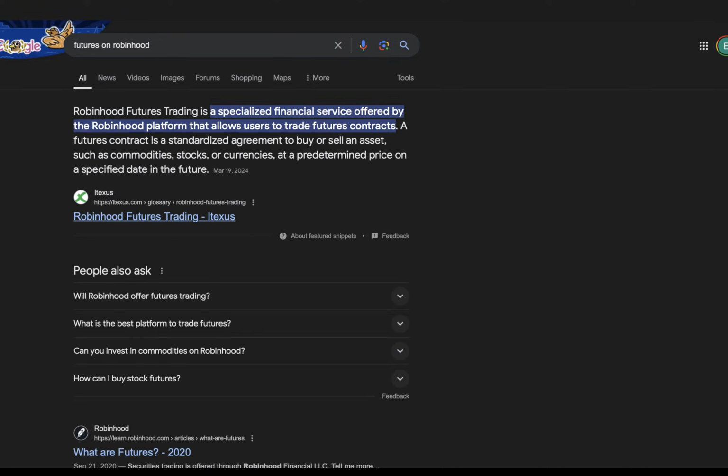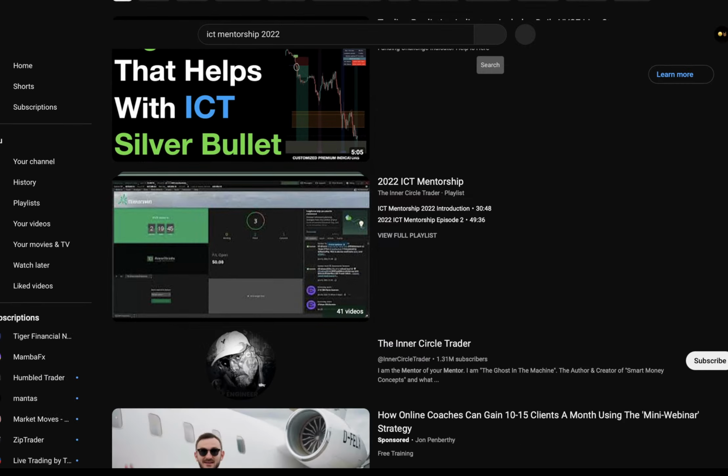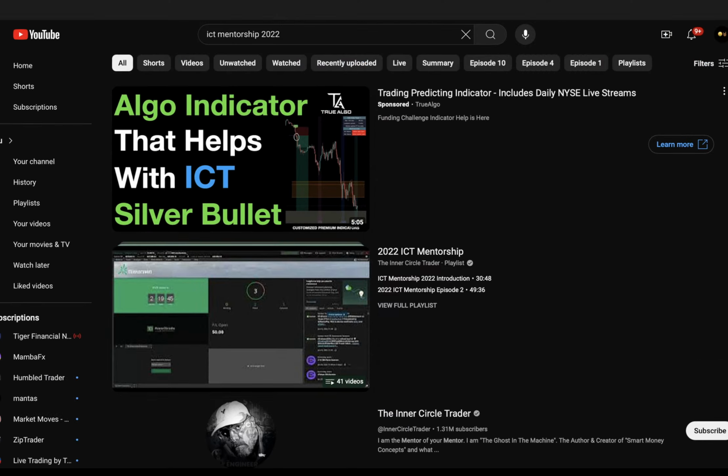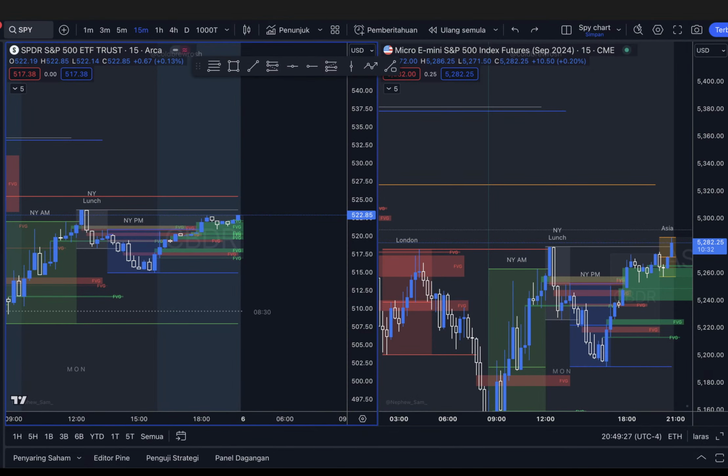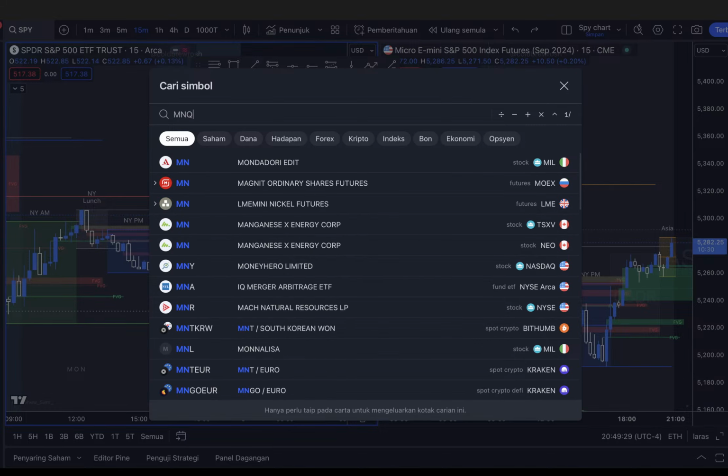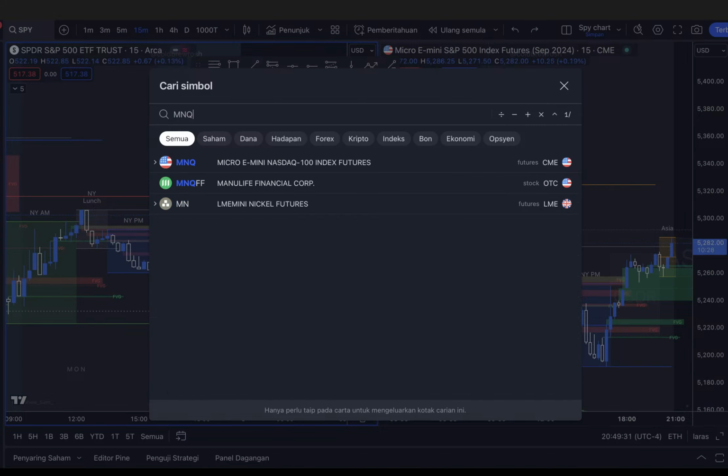Maybe I don't know what it even looks like. Maybe someone talks about it on YouTube. I just can't find futures. I have TradingView for charting, but you can't find futures on TradingView. You just type in MNQ.